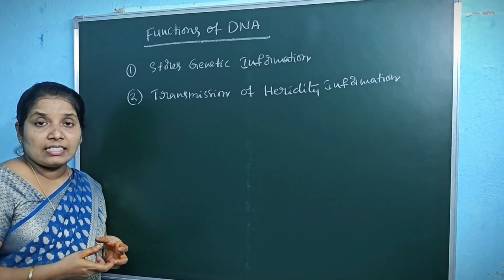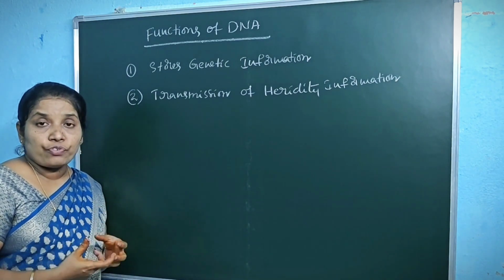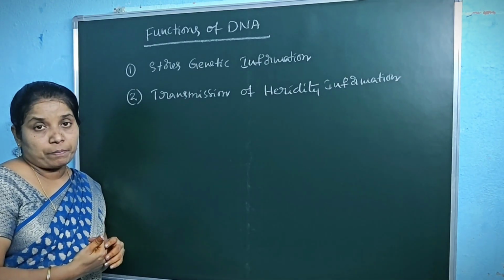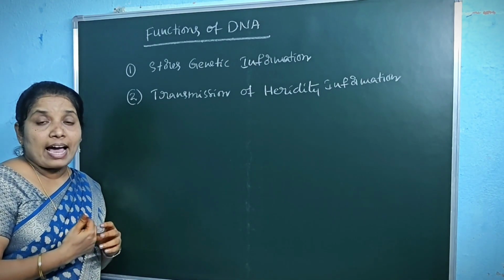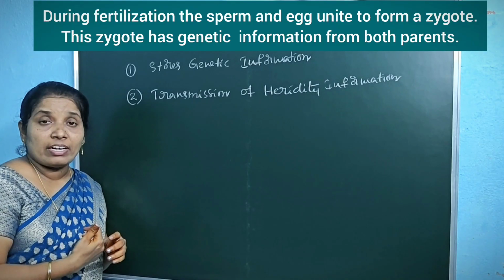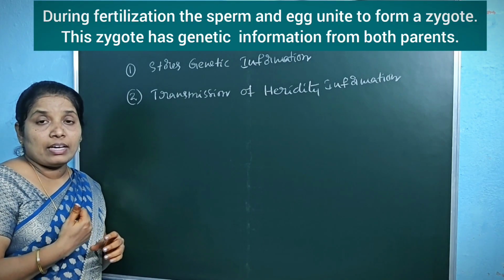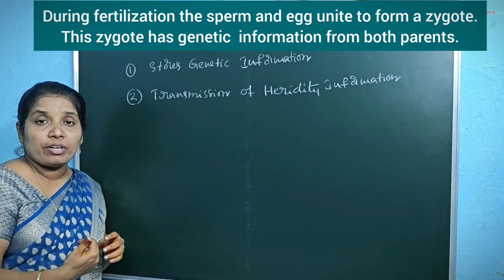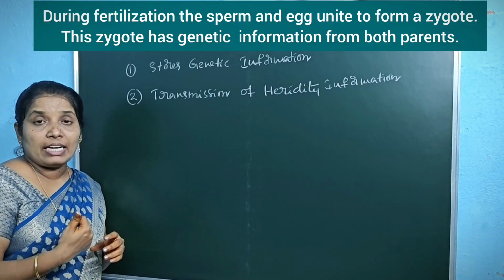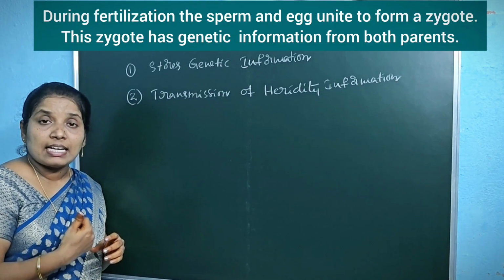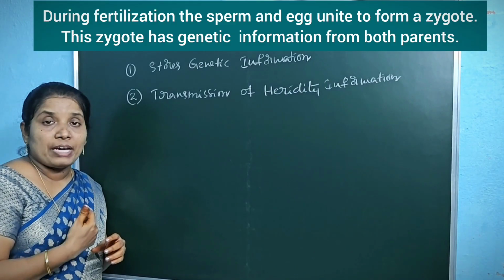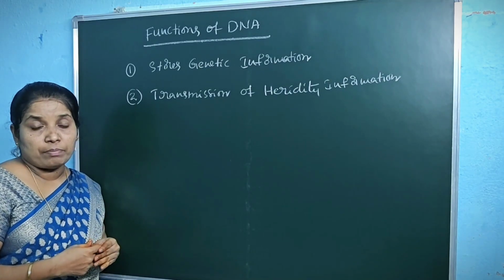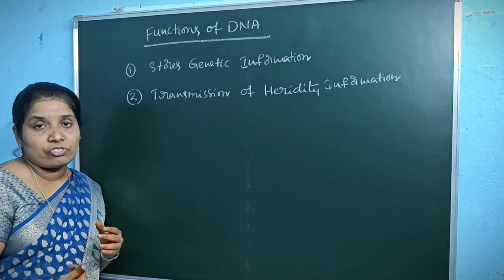The hereditary characters are transferred from the parent generation to the offspring. Gametes receive genetic information, and when they combine with each other, it results in the formation of an individual. The individual gets all the genetic information from the parents only. So DNA passes genetic information from one generation to the next generation.